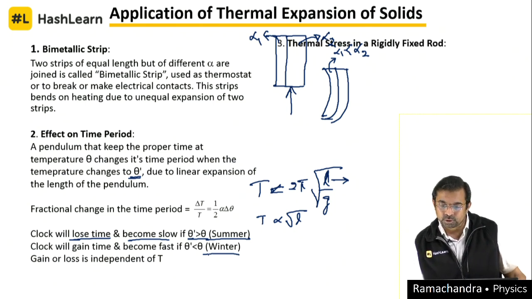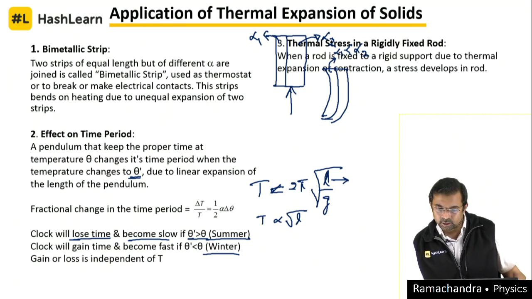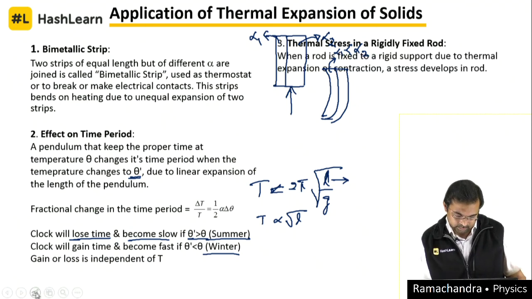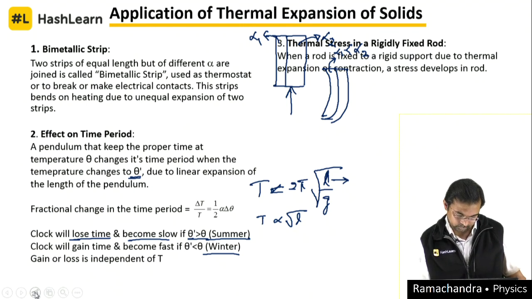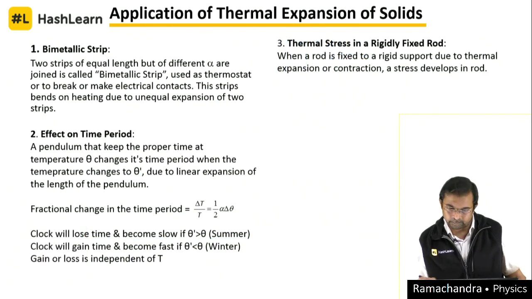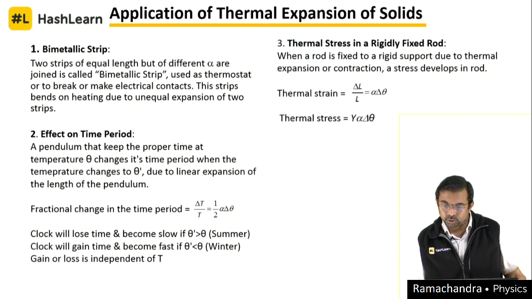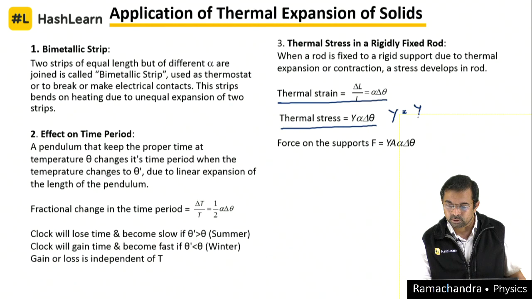So thermal stress: in the case of a rigid, fixed body, there will be a thermal stress. These thermal stresses can be given by delta L by L, which is equal to alpha into delta T. This is the thermal strain, and thermal stress is Y times the strain, where Y is Young's modulus.